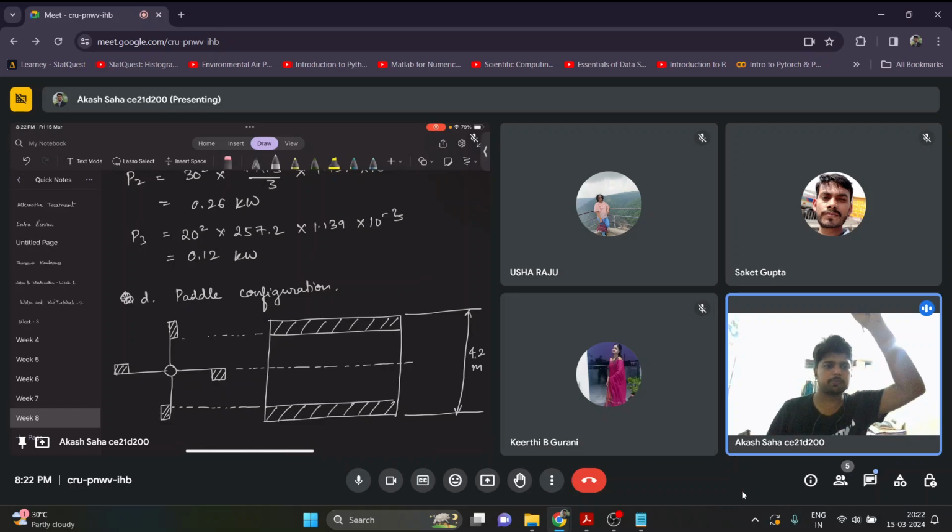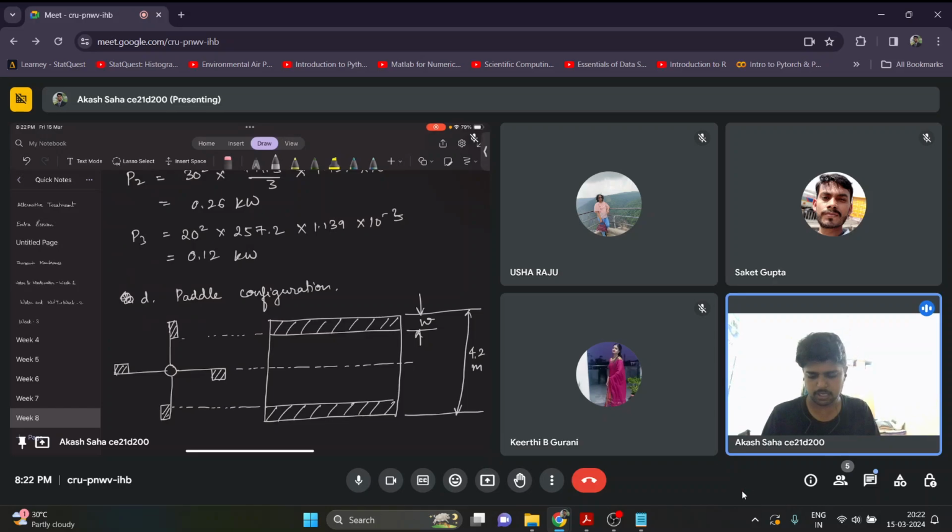So 5 minus 0.4 from the top, 0.4 from the bottom. So it will be 4.2 meter for the full paddle. And this will be my width of the paddle. So this is the whole paddle diagram.